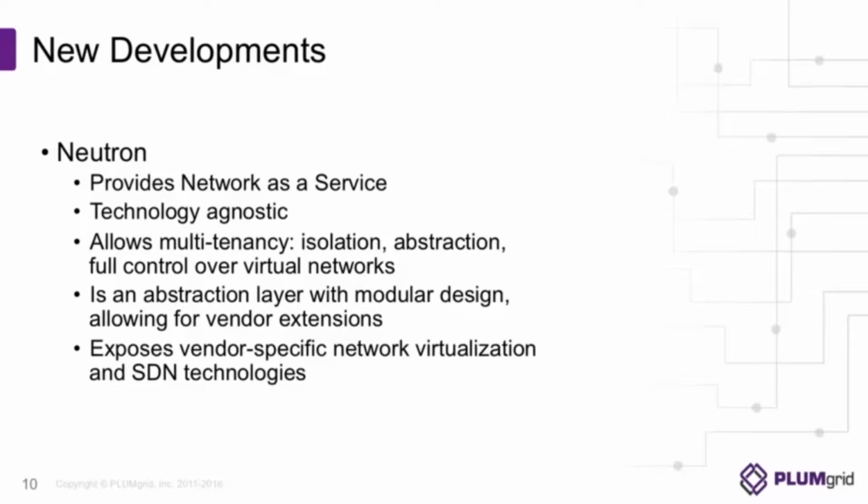You as a tenant can create a network and even remove it as well. That is one of the multi-tenancy capabilities that it enables, which is a great thing. Through Neutron API calls, you can provide external connectivity.